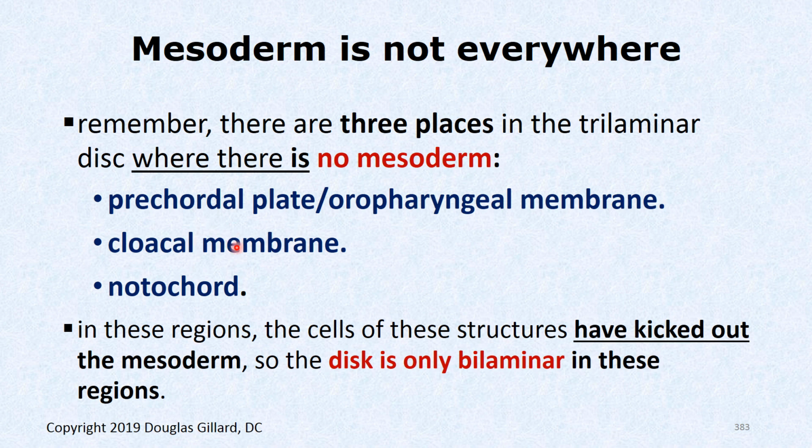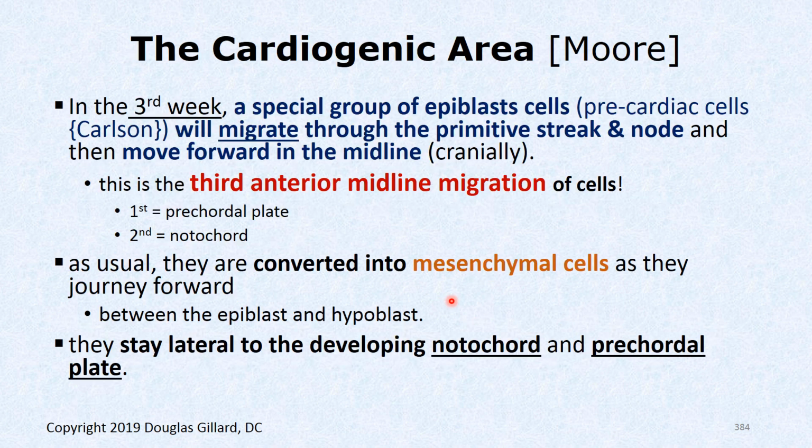This will become the anus. The nodal cord in the midline, it can't get there. That runs between the ectoderm and endoderm, so no, the nodal cord is exactly in the midline. You don't have that. Okay, the mesoderm has been kicked out of these regions, so really the disc is only bilaminar in these regions. That's a good test question.